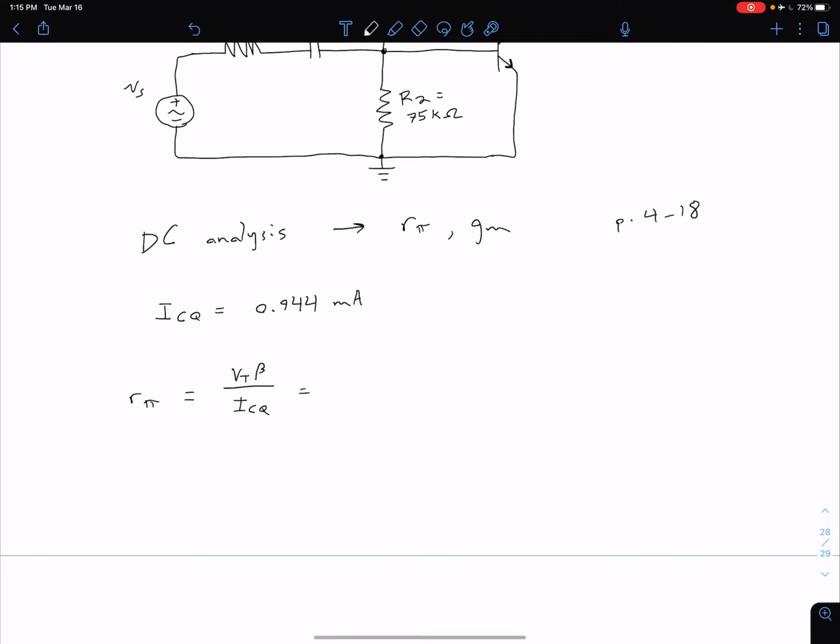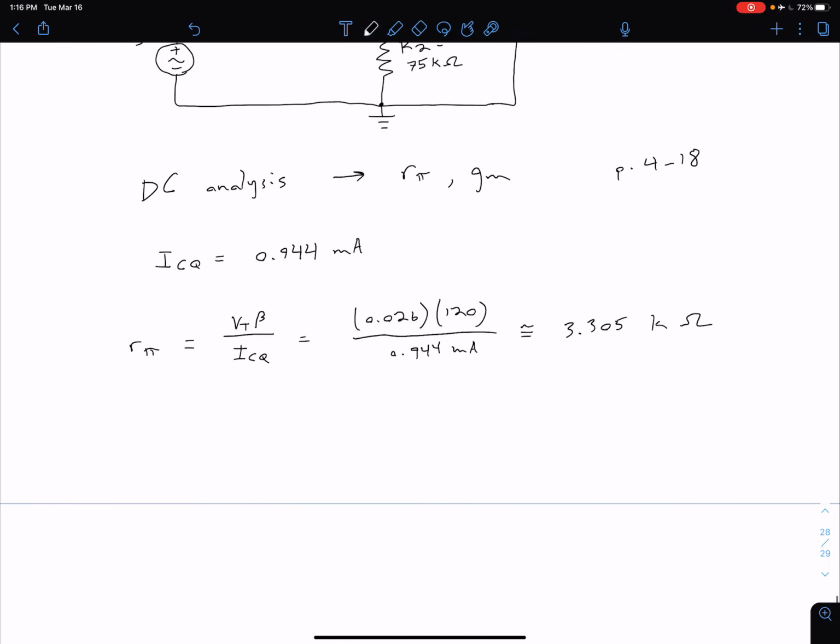If we plug in our values, let's assume room temperature, so we have about 26 millivolts for our thermal voltage, VT. Our beta was given as 120 in the problem statement, and we have our 0.944 milliamps for our collector current. Plugging that in, we get approximately 3.305 k ohms for our diffusion resistance R pi.